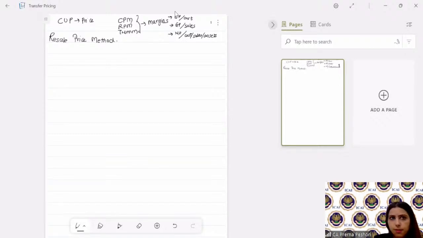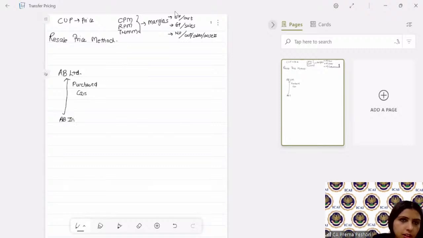Let's take a small example. Say, for example, AB Limited has purchased cars from its parent AB Inc. US, right?